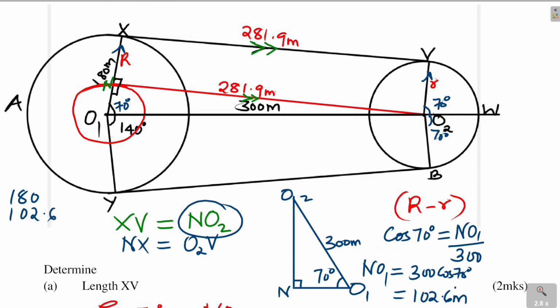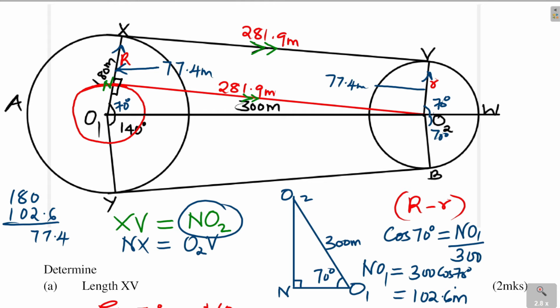We get 77.4. So this length here is 77.4 meters, which is the same as this 77.4 meters. That is the radius of the smaller circle.